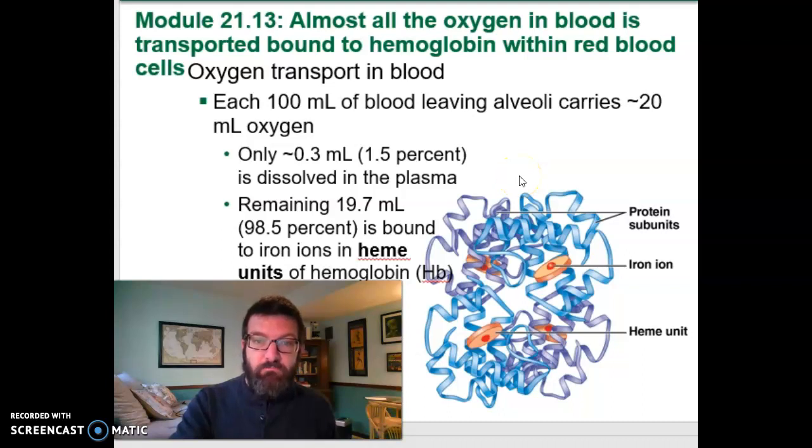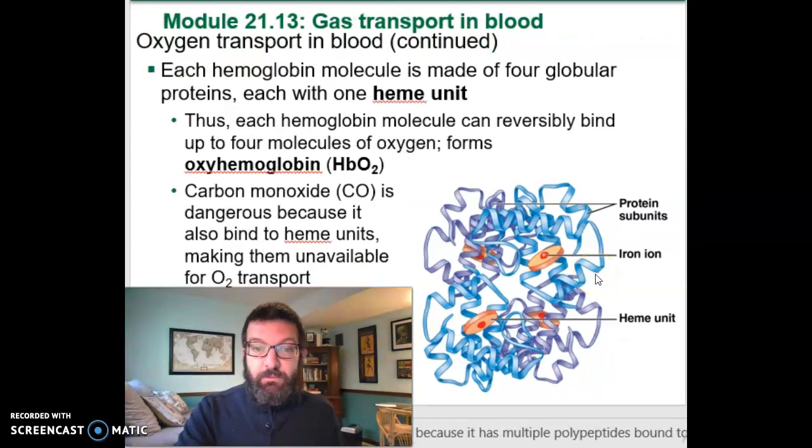And so we have a molecule called hemoglobin, which we've discussed before. Hemoglobin, which has 4 different proteins in it, each of which has a heme unit in it with an iron molecule that is able to bind a molecule of oxygen. And when that hemoglobin molecule is bound to oxygen, we call it oxyhemoglobin.